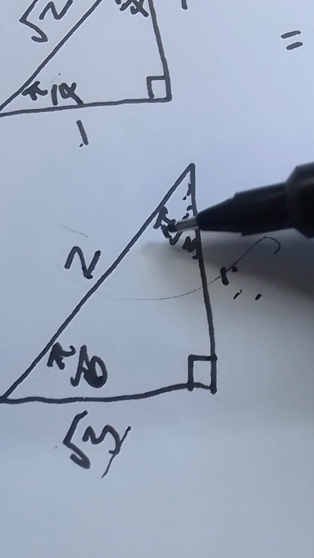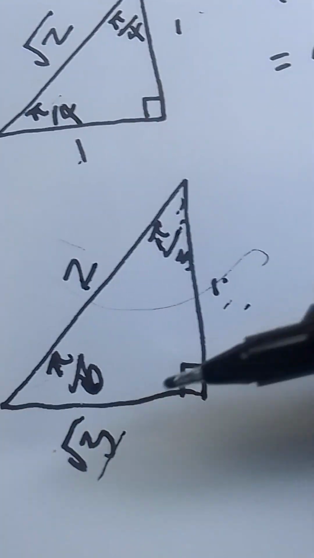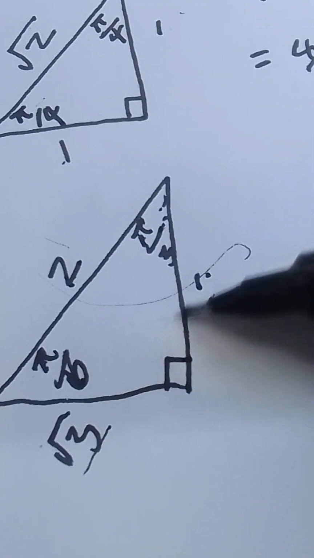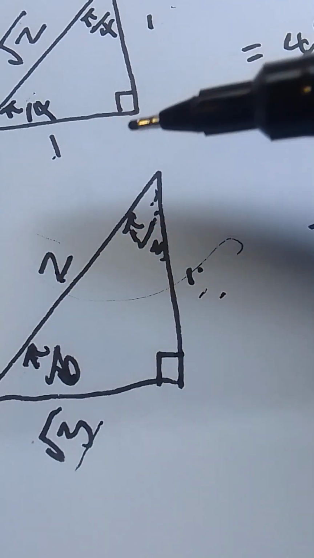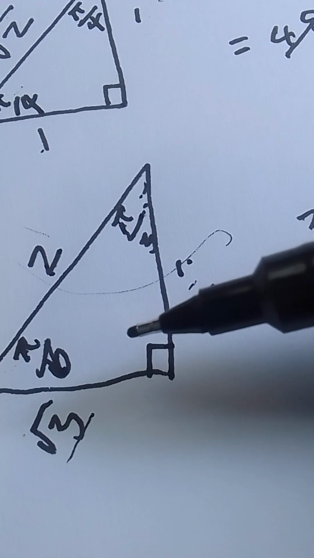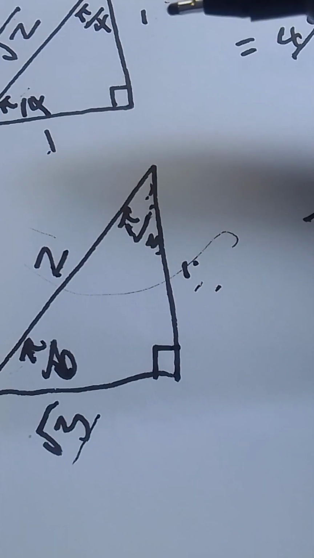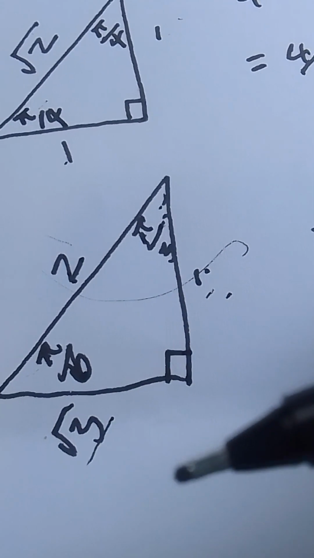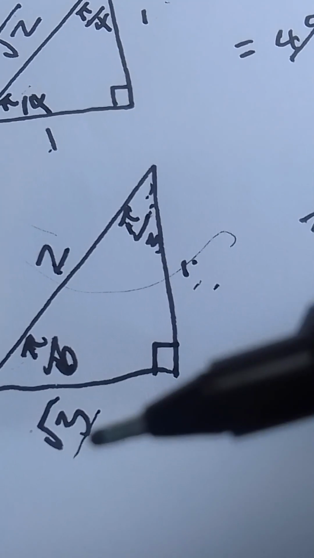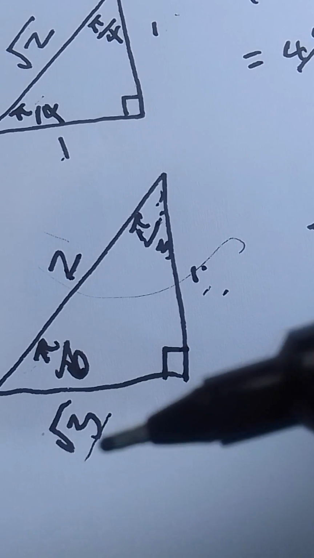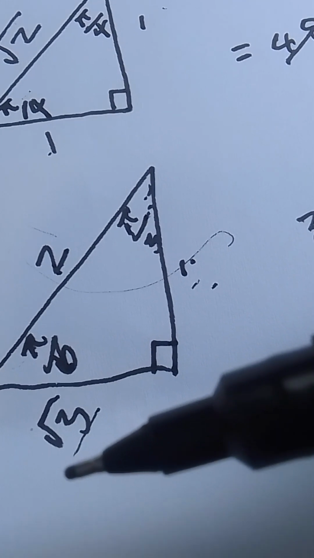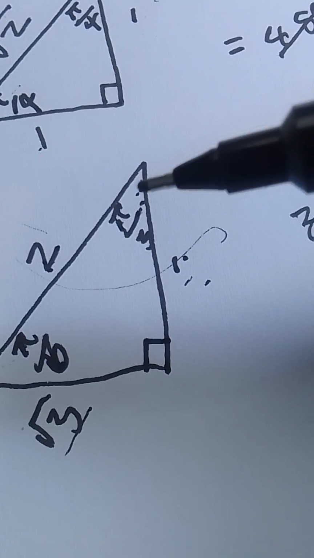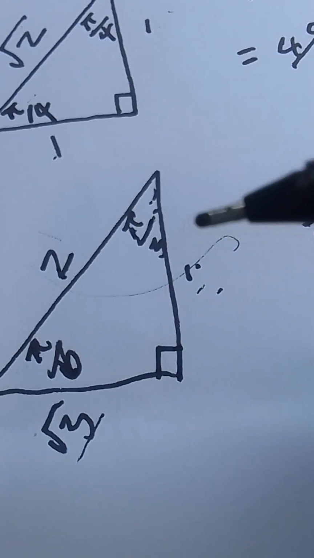Now, if you know this, you just need to remember in your head while you're imagining the triangle. If you have something like sine pi by 3, you just say, okay, the opposite side has to be the larger number between square root of 3 and 1.